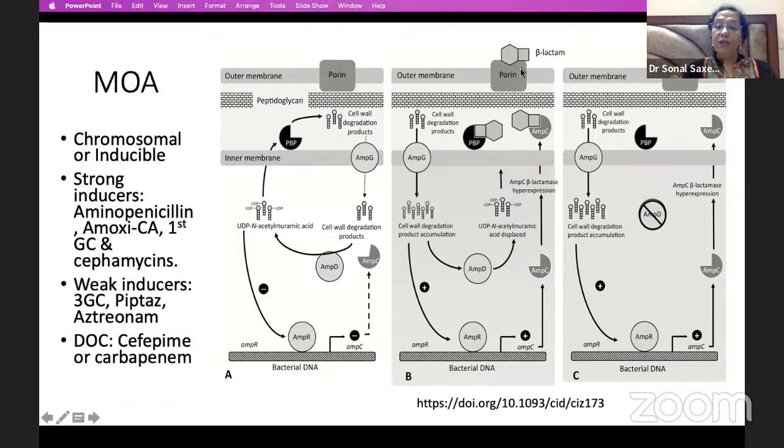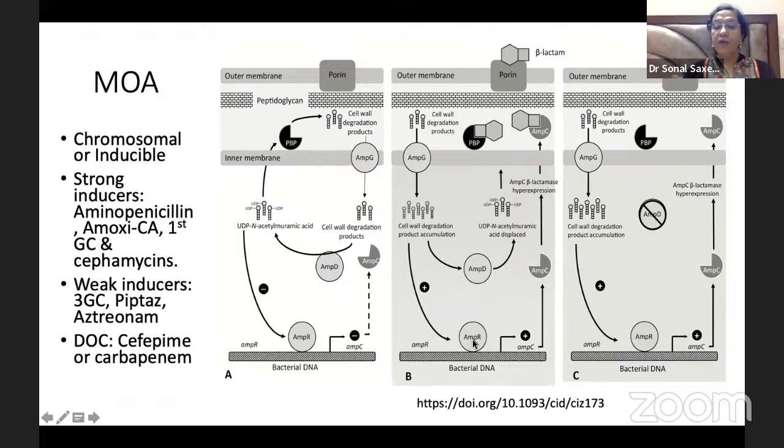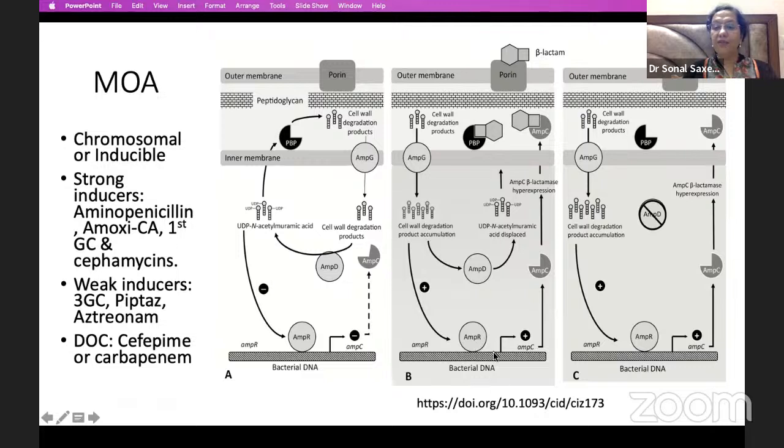So, once more, I'll tell you, beta lactam will produce damage to the cell. It's not that it is not damaging the bacterial cell, and it will produce cell wall degradation product, which in turn will stimulate the AmpR, which is the repressor for AmpC. Once this gets stimulated, the repressor effect removes, and AmpC gets expressed, and this is hyper expressed.